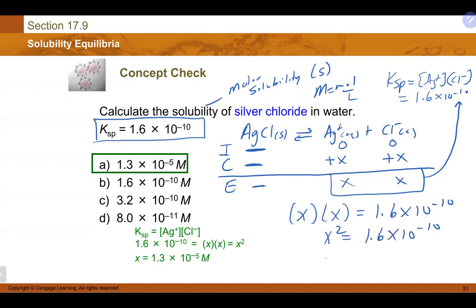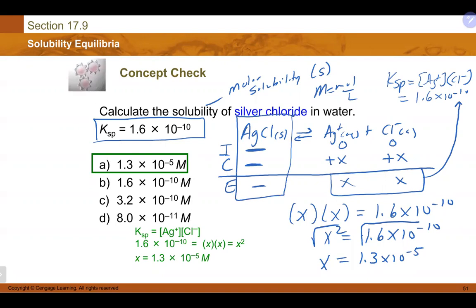A little square root action on both sides there will give us the square root of 1.6 times 10 to the minus 10, which is 1.3 times 10 to the minus 5 as our x value. So this is done the exact same way as the other ice table. The only difference is because it's a KSP, there's nothing on the reactant side.